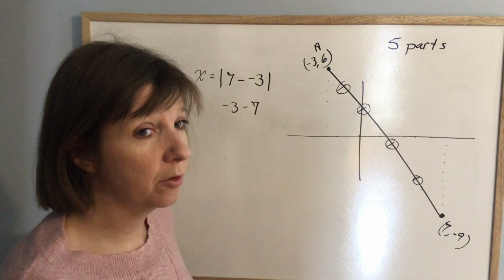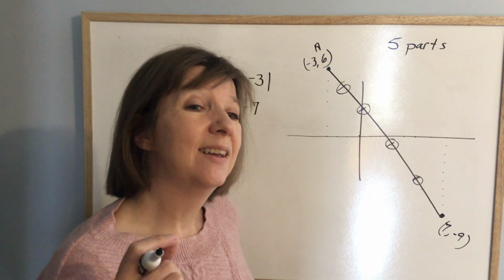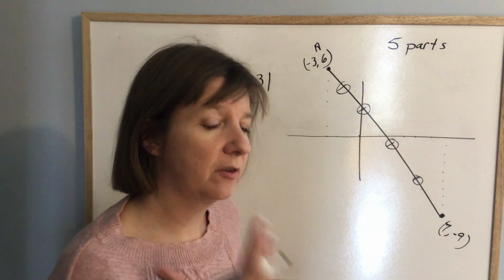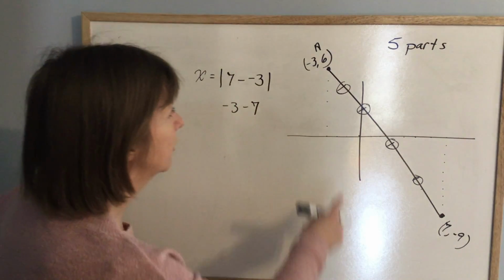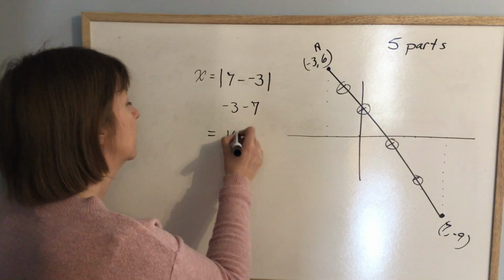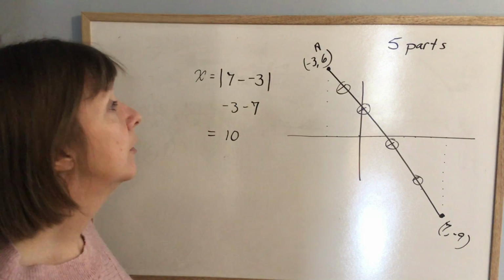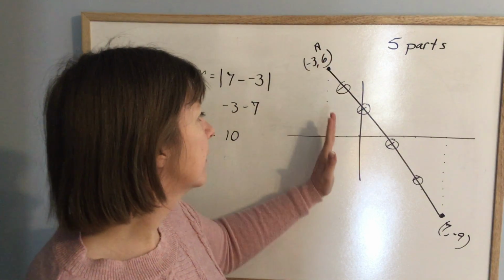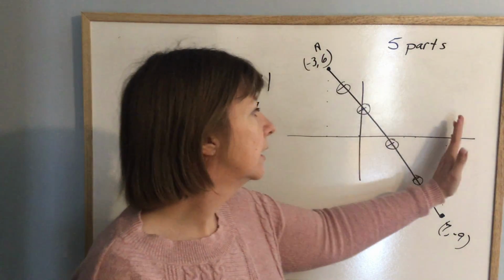I don't care whether you end up with a positive or a negative number, just assume it's positive, just take the positive. So it doesn't matter whether you put this one first or this one first, the answer is 10, all right? So there are 10 spaces between the -3 and the 7.